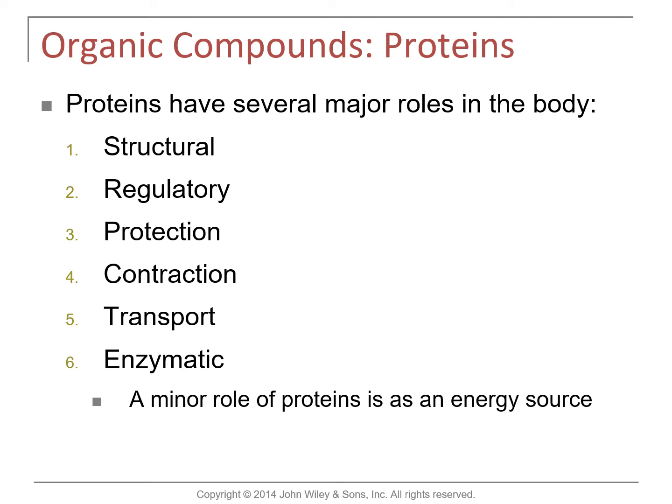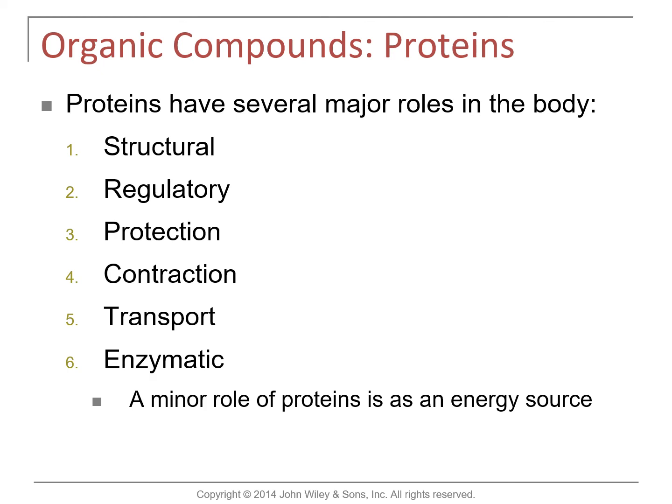Proteins can be regulatory. We just talked about hemoglobin that helps to regulate pH. Hemoglobin also participates in transport of not only oxygen but also carbon dioxide. Other regulatory proteins include those that act as hormones, such as insulin, that regulates your blood glucose levels.